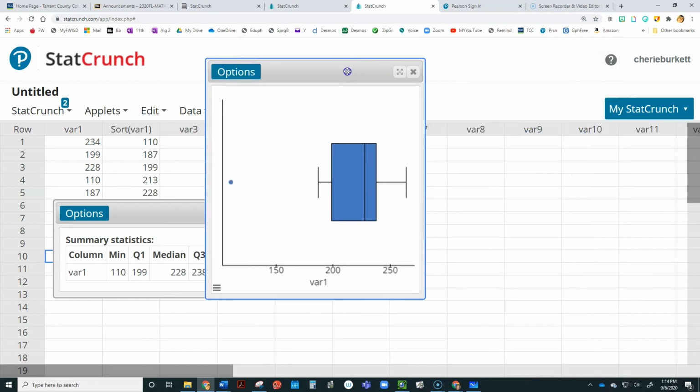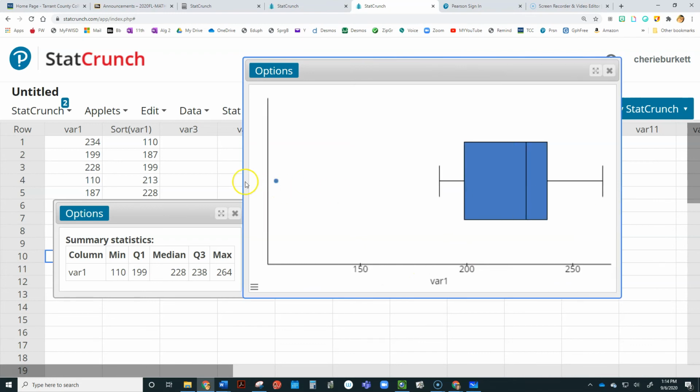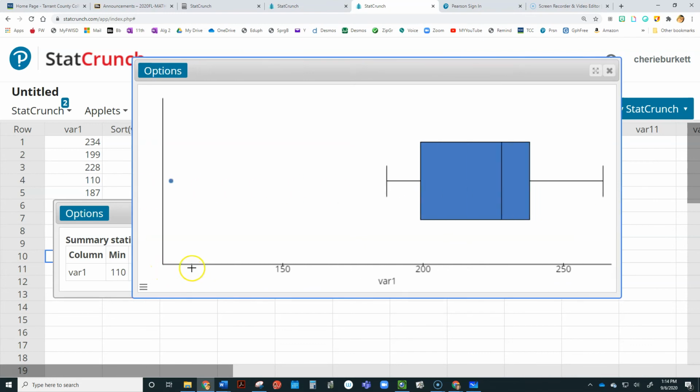Now, this is what it comes up with, and you're like, well, that doesn't look very much like ours. That's simply because the x-axis is not labeled. First of all, I can drag this out and make it a little bit longer. And by the way, when you hover over it, it shows you that the IQR is 39. It shows you that the lower limit is 187, Q1.